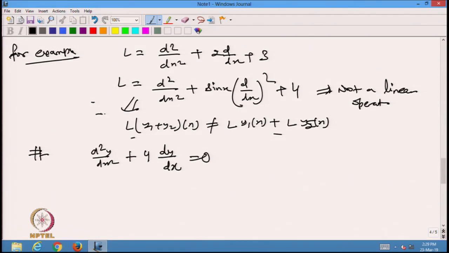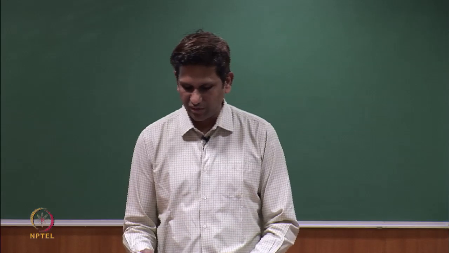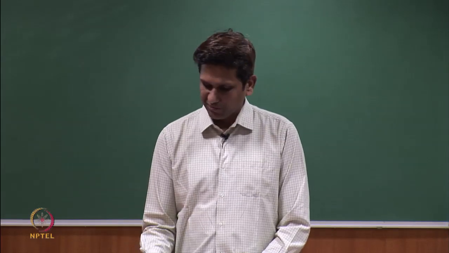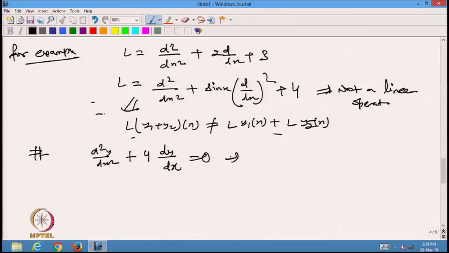This is the differential equation I have taken, in which the coefficients are constant. It can be a function of x, but here I am taking this one. Or I want to solve d square y over dx square minus 5 dy by dx plus 2y equal to 0.